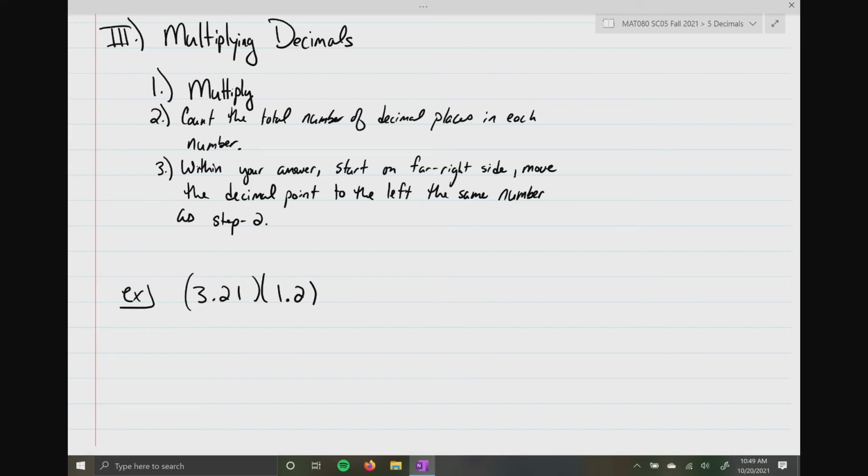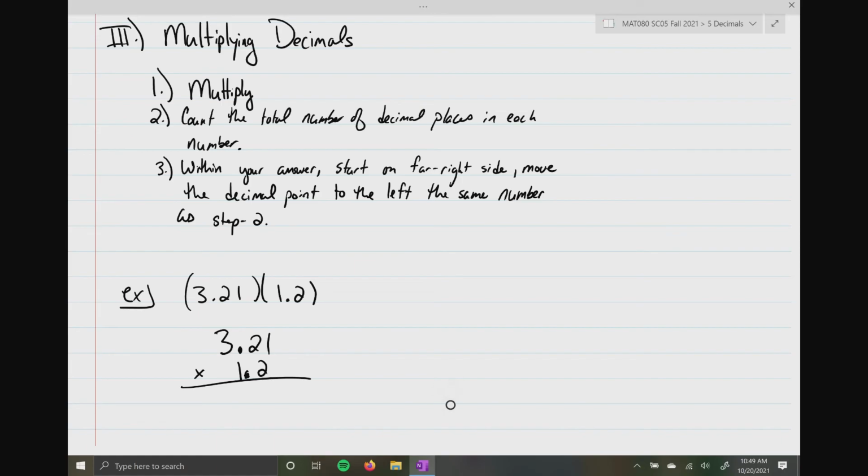All right, so here's an example. We have 3.21 times 1.2. So, step 1, just multiply. Notice my decimal places are not aligned, and I don't care, because according to my steps, it says multiply.